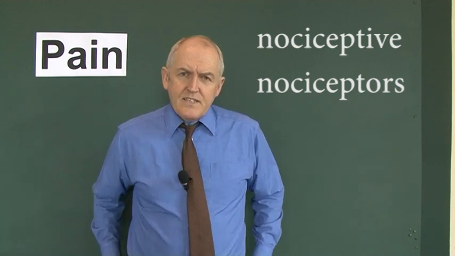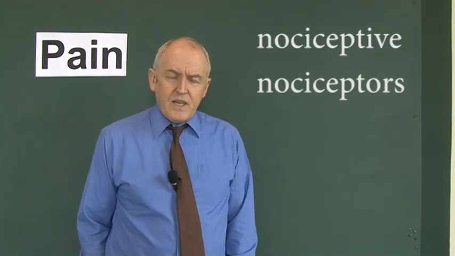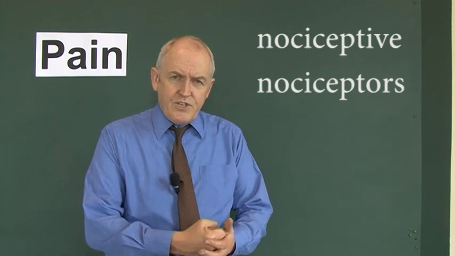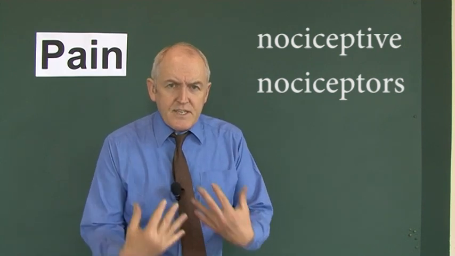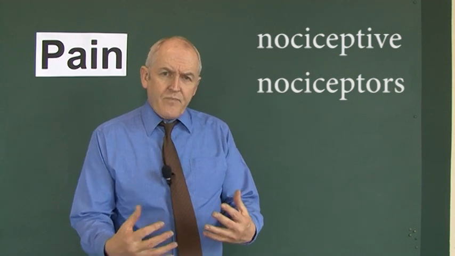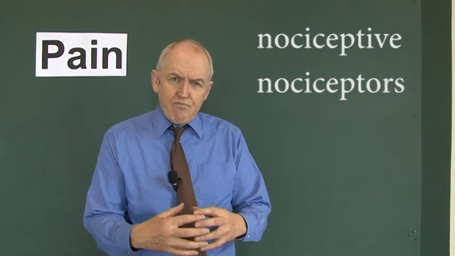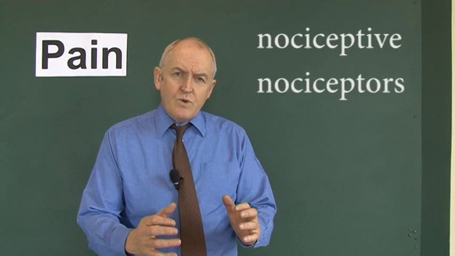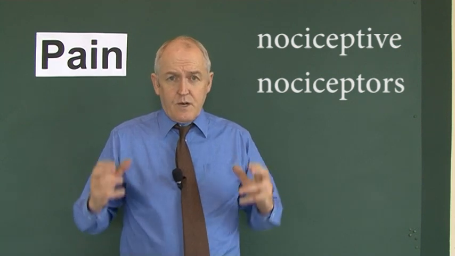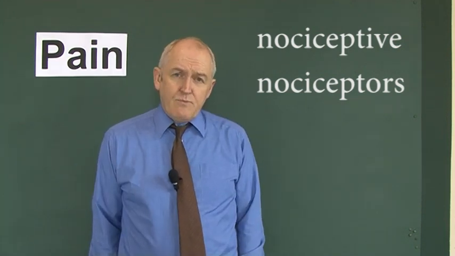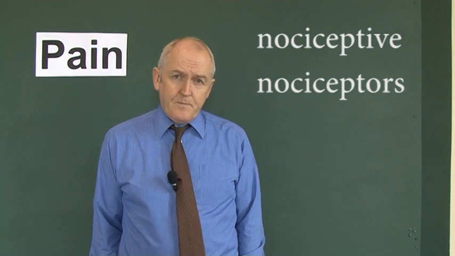And they're actually sensitive to tissue damage. So when there's an impulse to the tissues that's bad enough to start damaging those tissues, the nociceptors will generate a brand new nerve impulse which will take an electrical nerve signal up to the brain, where it will be interpreted and felt as pain.